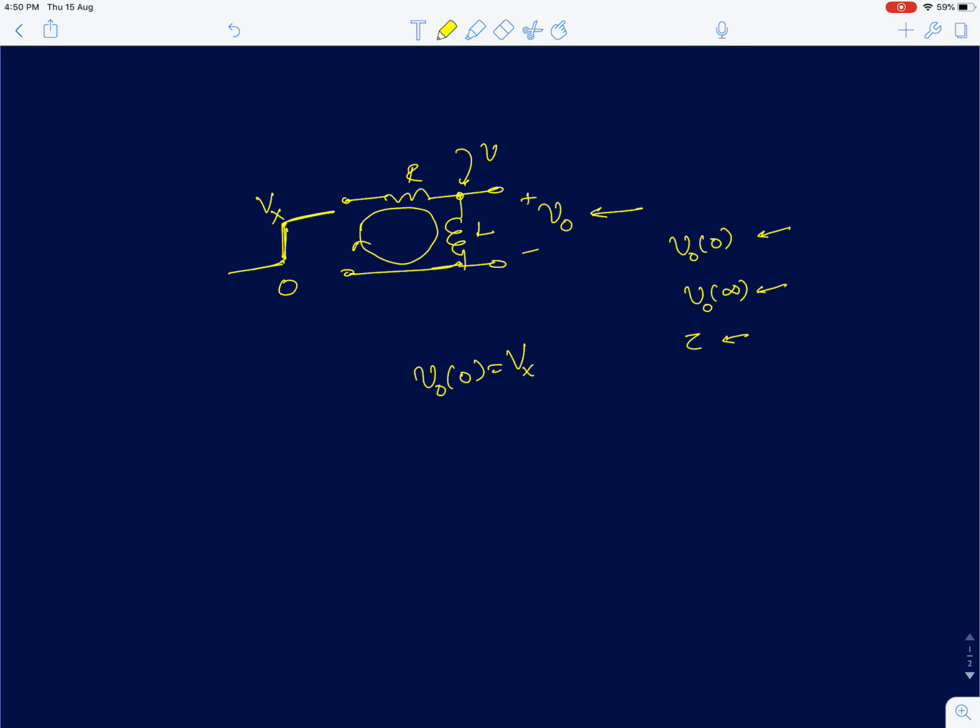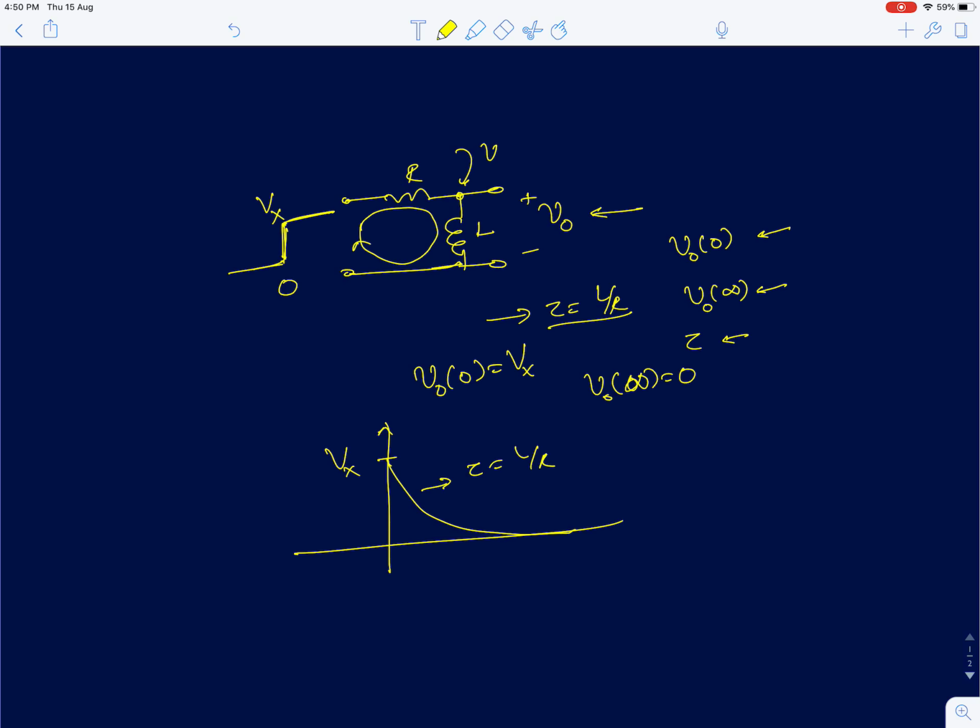So V0 of infinity is going to be 0; it can carry a finite current with 0 voltage across it, and the time constant is simply L by R. It's a first order circuit, so L by R is the time constant. So you're going to start from Vx, and the output is going to decay down to 0 with a time constant of L by R.